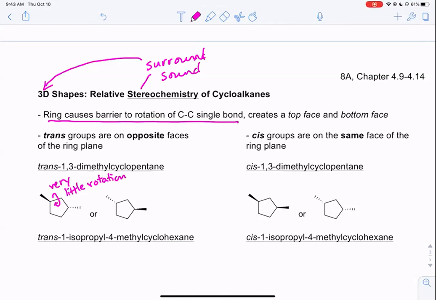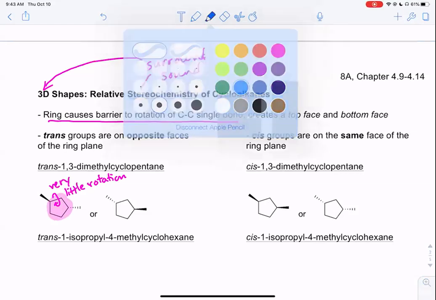Now, this ring, for example, this cyclopentane ring is not actually flat, but we're going to say, like for purposes here, that we have created a plane, and that the groups that are on that plane could either be on the same side or on opposite sides. And so this is where we introduce our cis and trans designation.